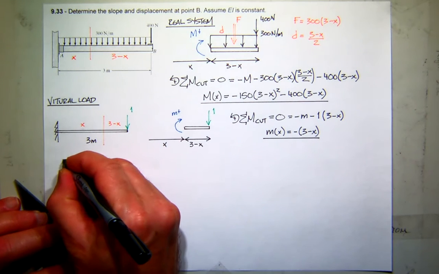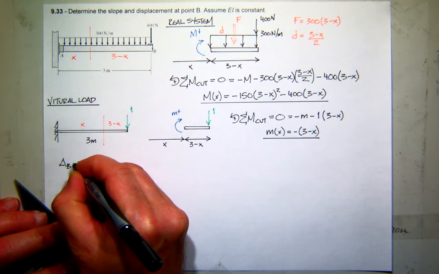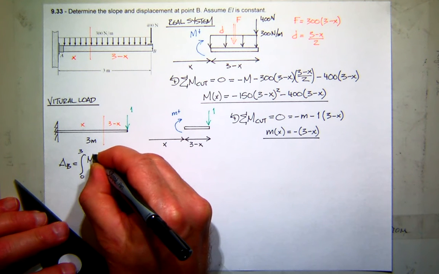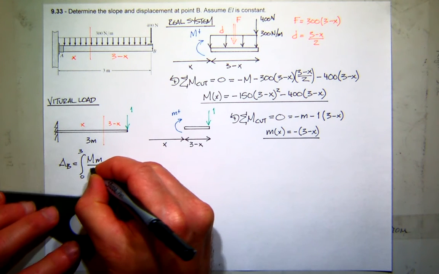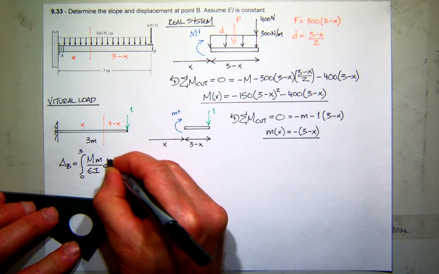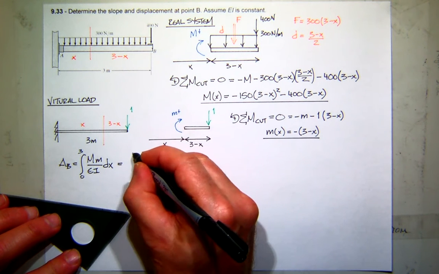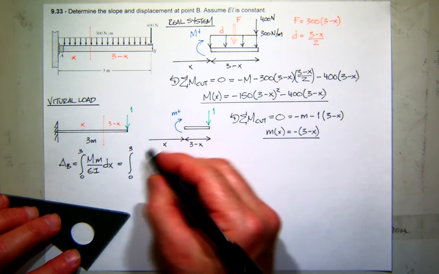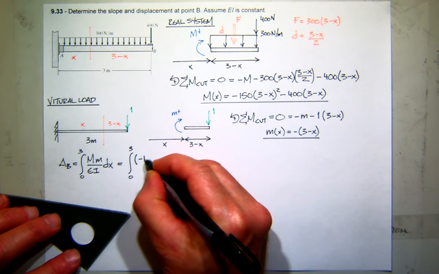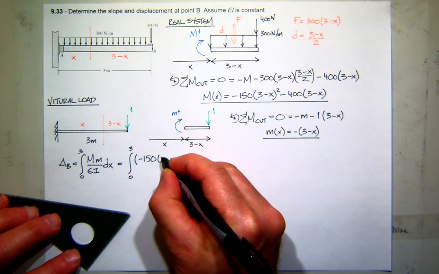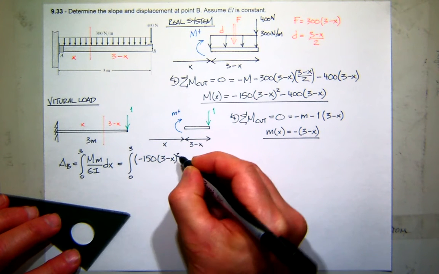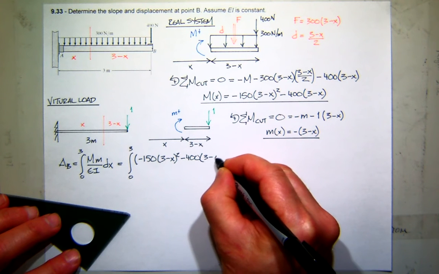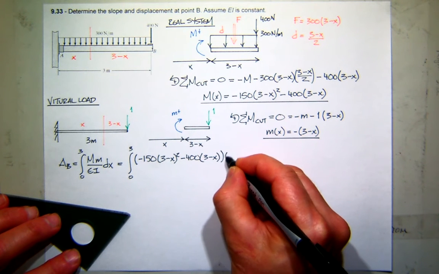So therefore, the displacement at B, which is defined as the integral from 0 to 3 of the real moment, the virtual moment, divided by EI dx, becomes the integral from 0 to 3 of my real moment, which is that big long thing, 150 times (3 minus x) squared minus 400 times (3 minus x), times the virtual moment.